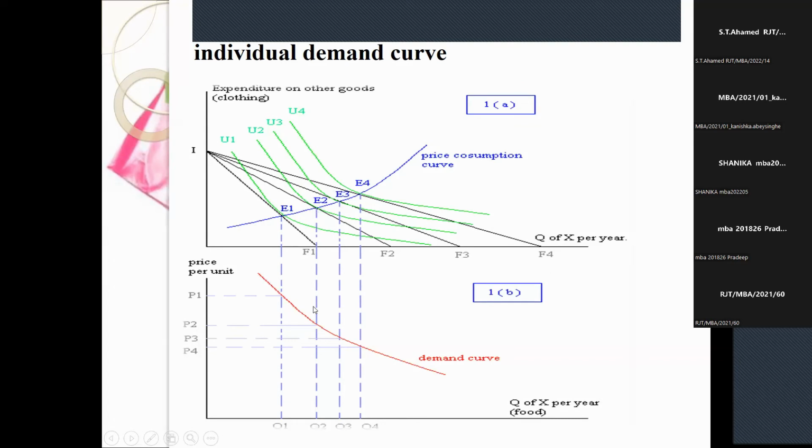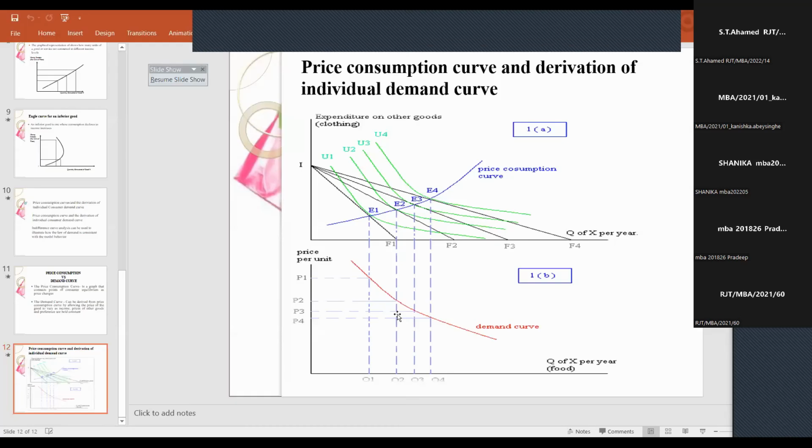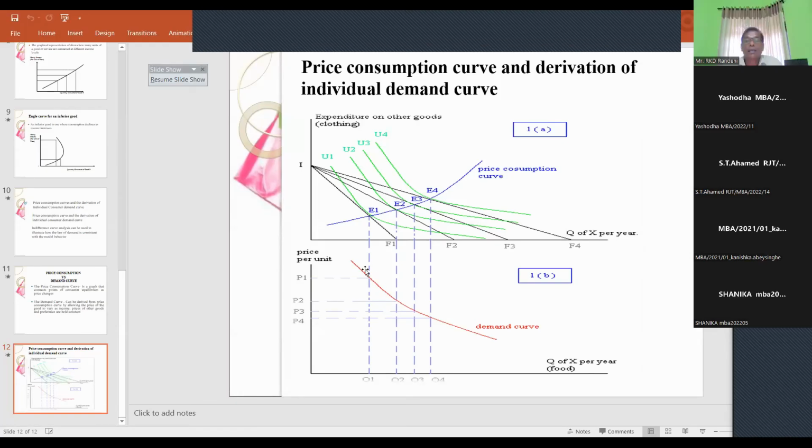He can buy more of X at the reduced price P2, and the relationship with Q2, right? Likewise, you can take this point, then you can join these points, then you can derive the demand curve for commodity X, right? Very important graph.